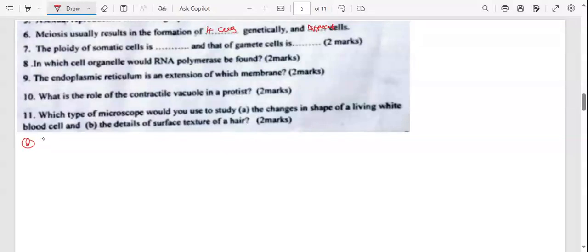So we say now for daughter cells, which are different, or unidentical.